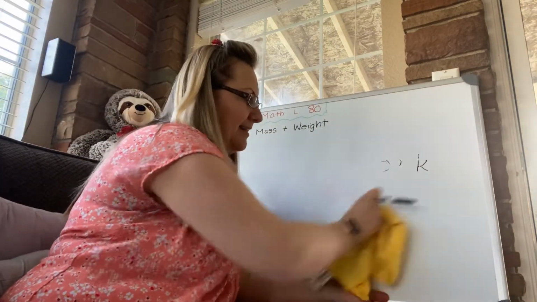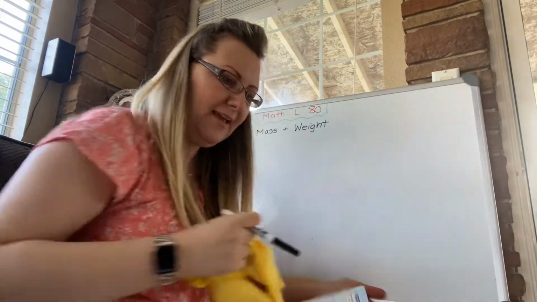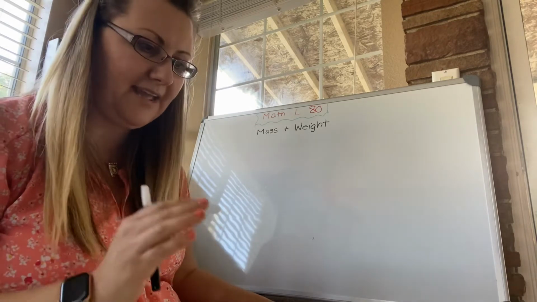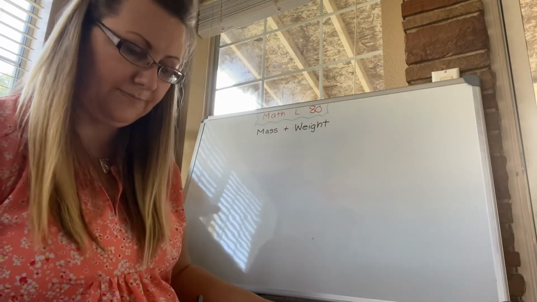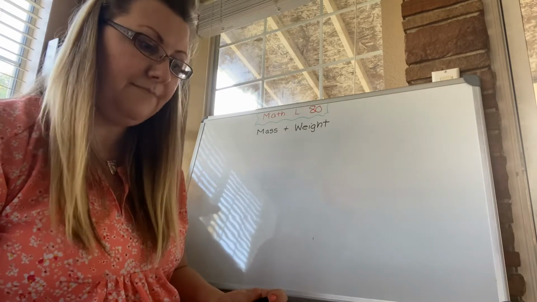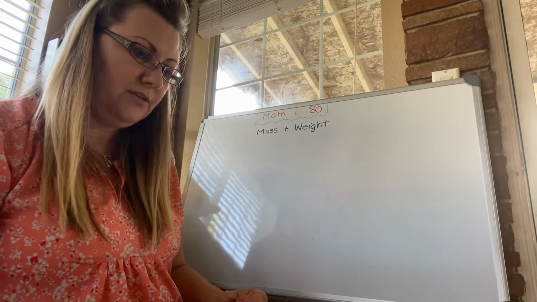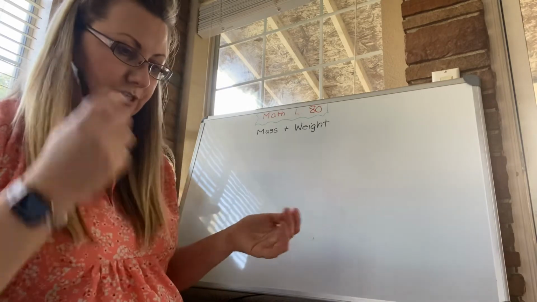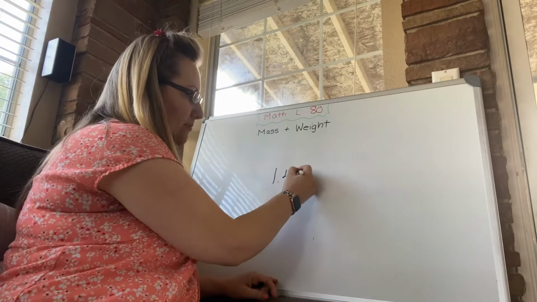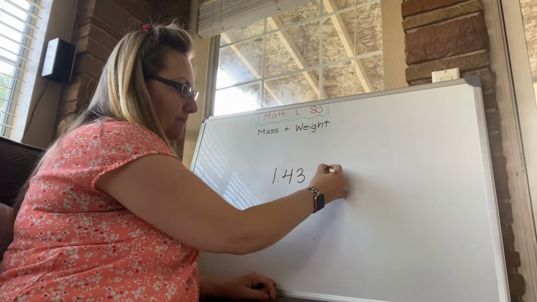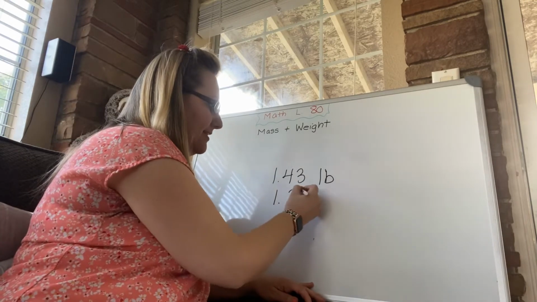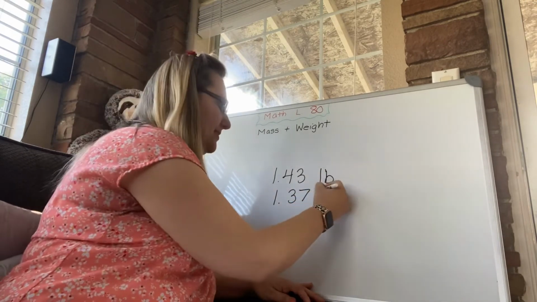We read that as 1 and 43, stops at the hundredths place, so 1 and 43 hundredths pounds, and 1 and 37 hundredths pounds. So 2 salads, person purchases 2 salads. 1 and 43 hundredths pounds, LB stands for pounds, and the other is 1 and 37, stops in the hundredths place, pounds.